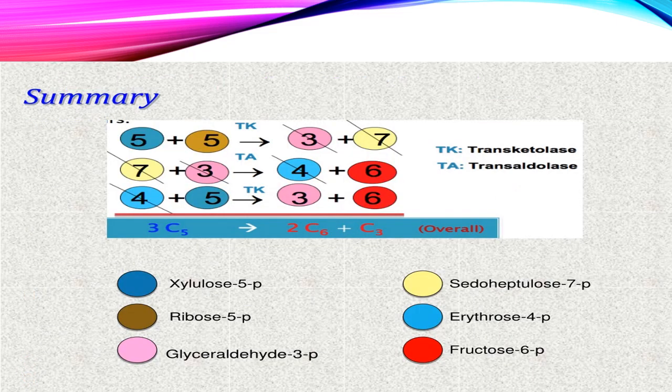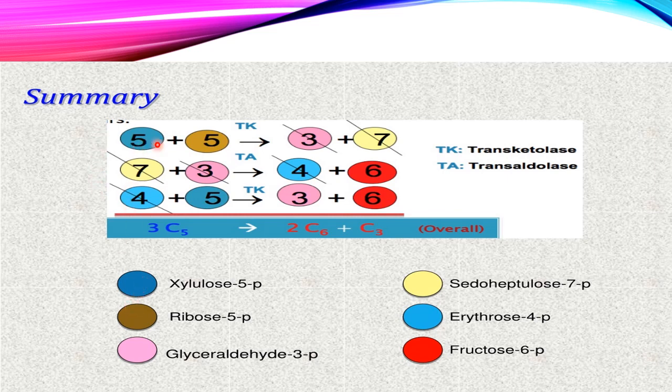Now, students, a generalized summary of what I had explained earlier, the three series of steps which are involved in the conversion of our ribose 5-phosphate into fructose 6-phosphate. These are the generalized steps.